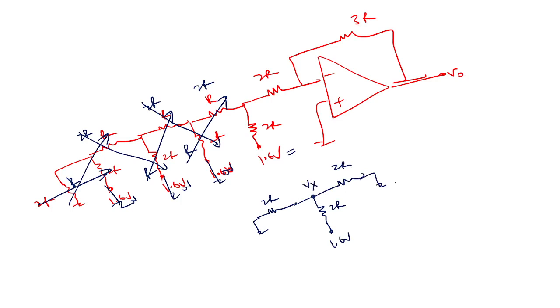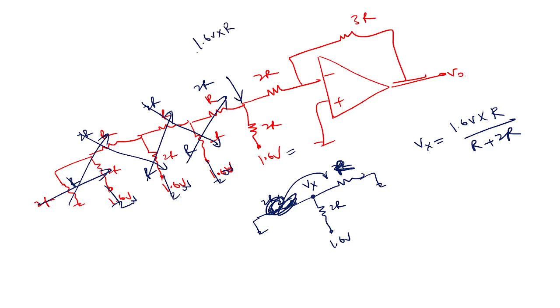What is Vx? Vx is very straightforward right now in this case, right? Now these two are in parallel, so I can make it effectively R. So Vx I can write as 1.6 volt into R divided by R plus 2R. Are you getting it? So what is this voltage? 1.6 volt into R divided by 3R.